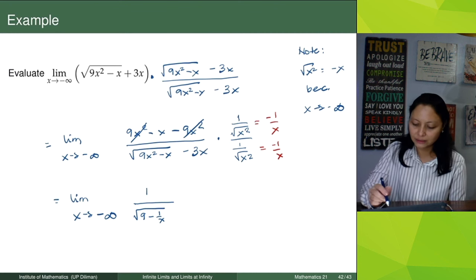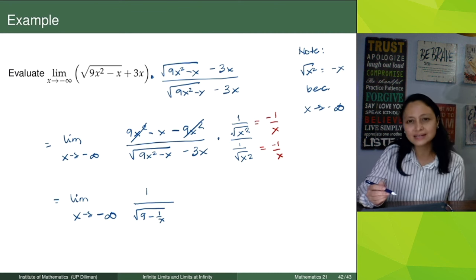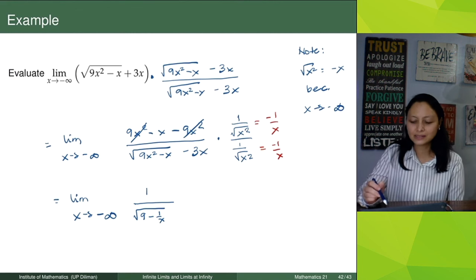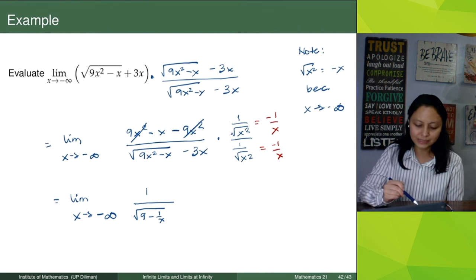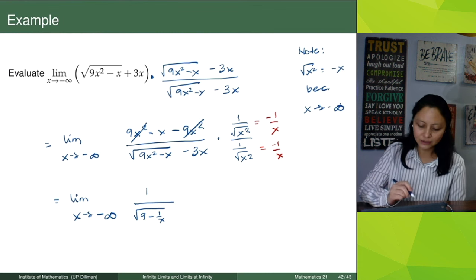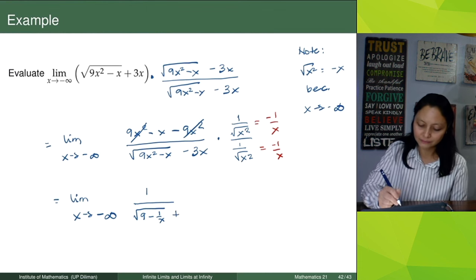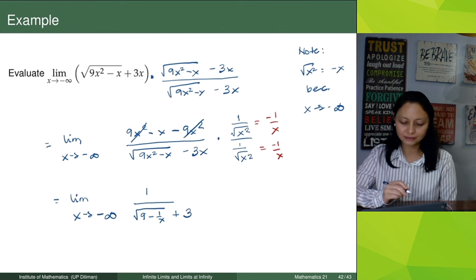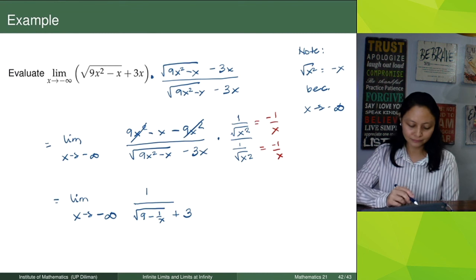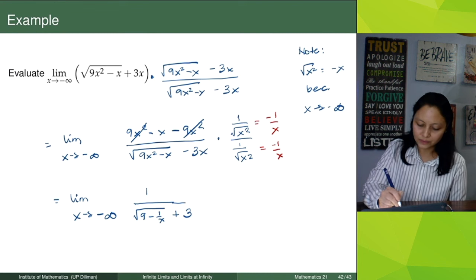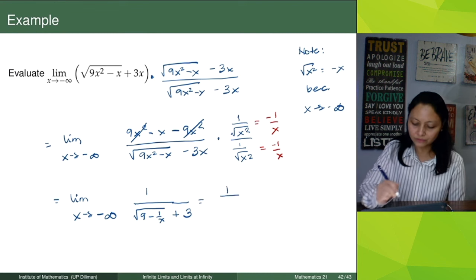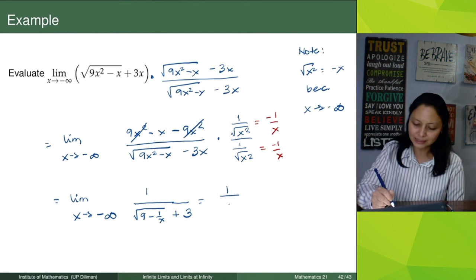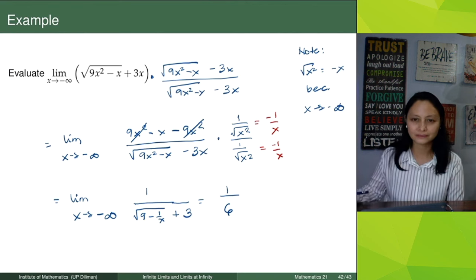And for the term that is not inside the square root, we use negative 1 over x, so negative 1 over x times negative 3 gives positive 3. So this will be equal to 1 over the square root of 9, which is 3, plus 3, that's 1 over 6.